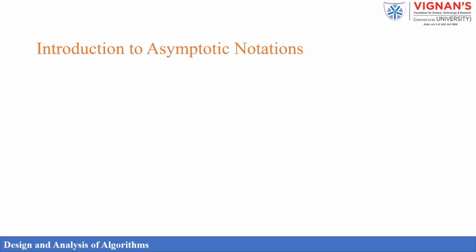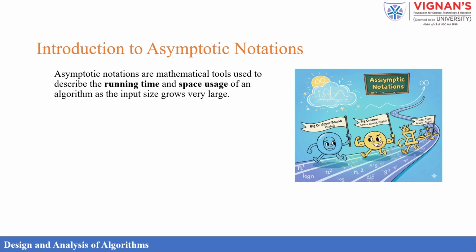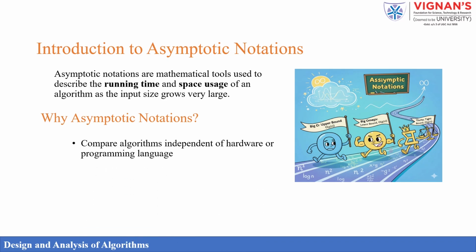Introduction to asymptotic notations. Asymptotic notations are mathematical tools used to express the time and space complexity of algorithms as the input size becomes very large. Why asymptotic notations? They allow us to compare algorithms independent of hardware, language, or machine constraints.